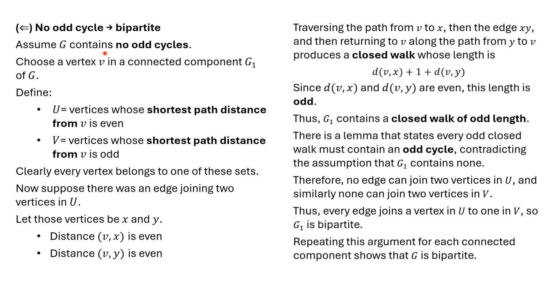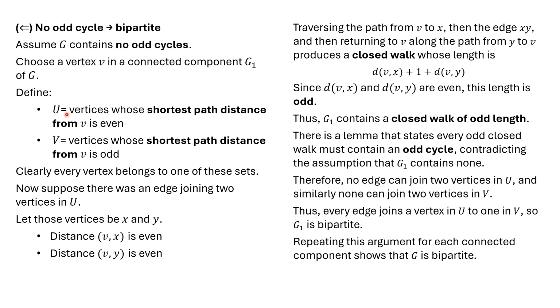So assume G contains no odd cycles. So this is our graph. Choose a vertex V in a connected component G sub 1 of G. So we're allowing for the case where G has multiple components, and then we'll show each one of those components is bipartite under this condition here.